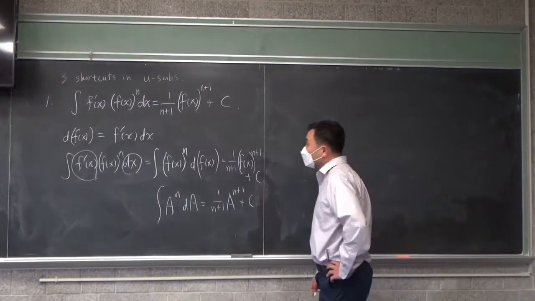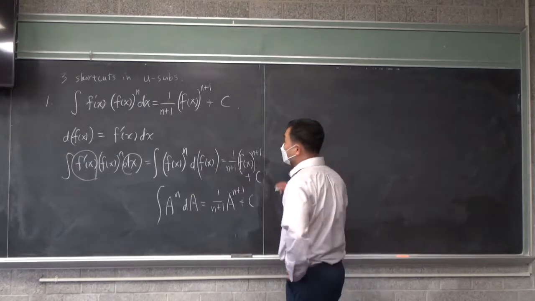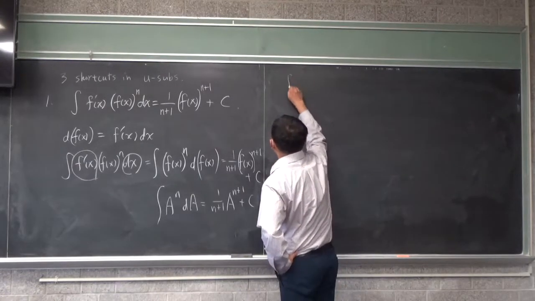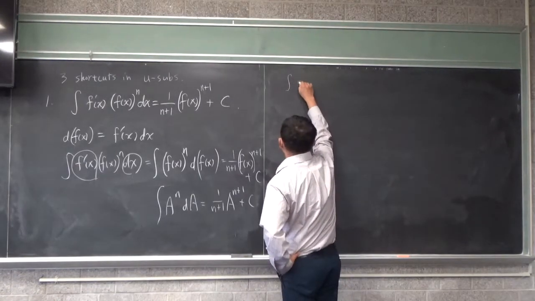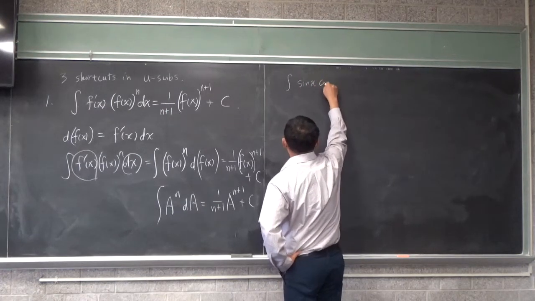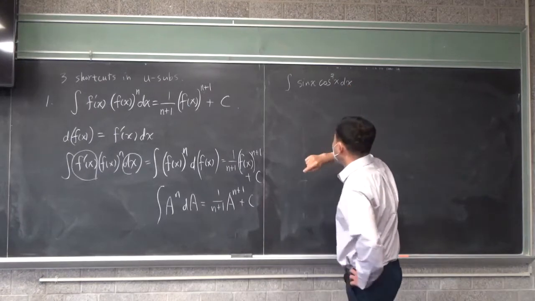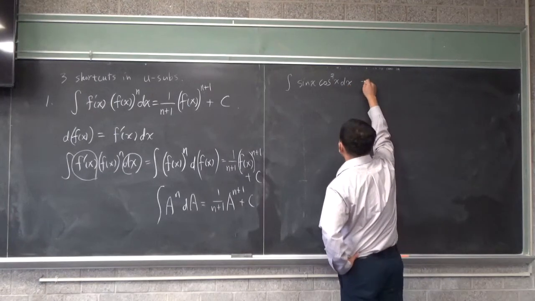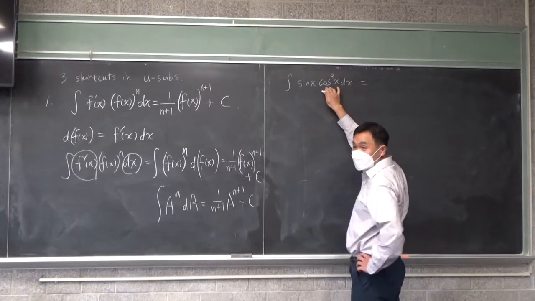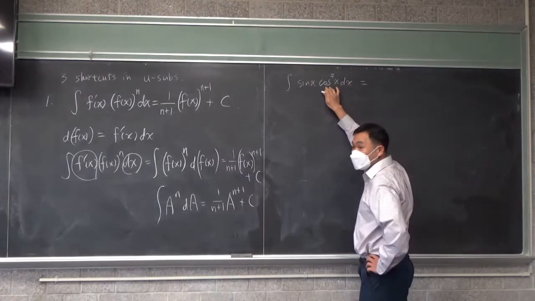Now, this can be a real time saver because, for example, if you have an integral of, say, sine of x, cosine of 3x dx, then what's the derivative of cosine? Negative sine.